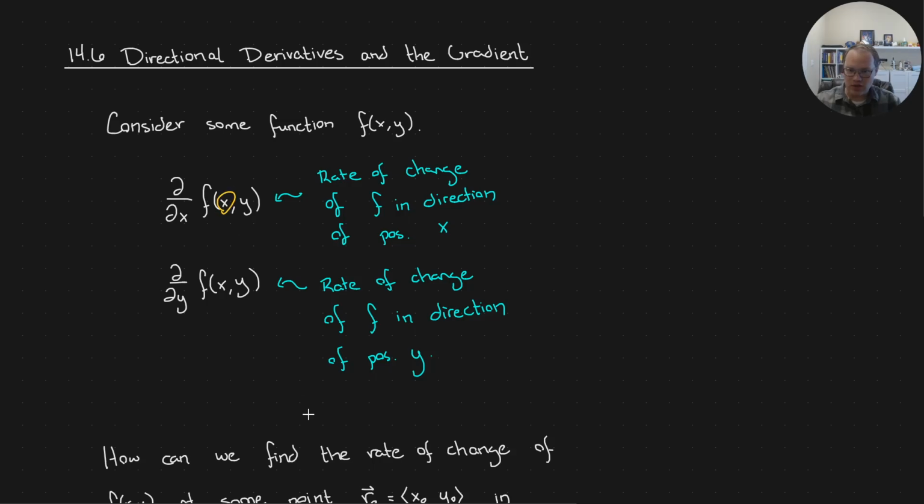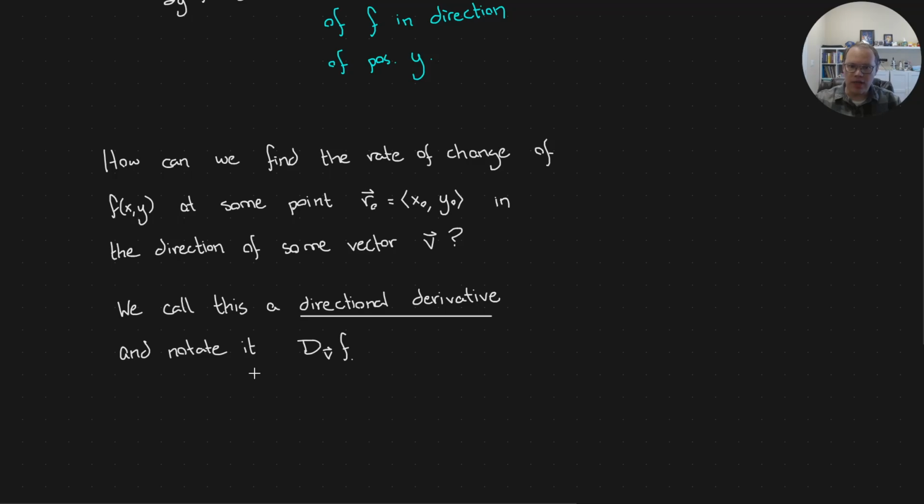We only let the x change, right? If we want the rate of change in the positive y direction, we hold the x fixed. We look in the direction where the y changes. So we want to do the same thing here. We want to hold everything fixed, but we want to look in a particular direction and only change the value of the function in that direction. In this case, we want to look in the direction of vector v.